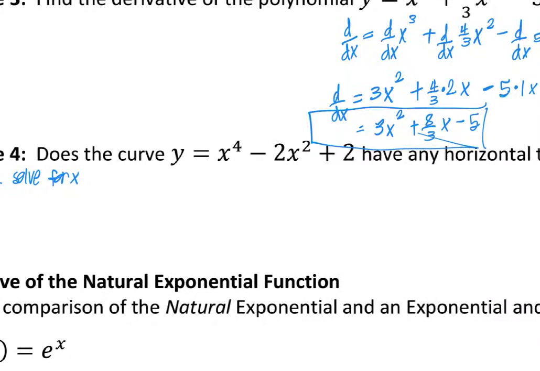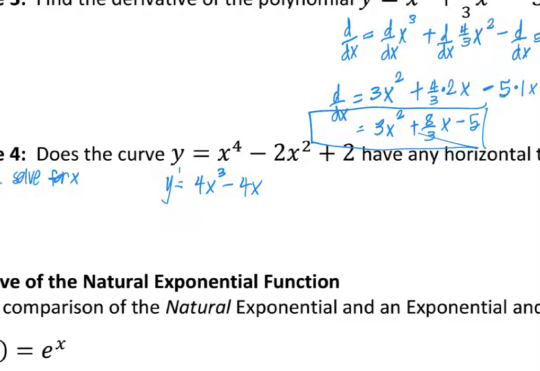So, y prime, 4x, 4 minus 1 is 3. I'm going to keep the 2 out front, but then I have to bring a power of 2 in the front, so that's going to be 4, and x to the power of the 2 minus 1 is just 1. And then the derivative of 2 is 0. I'm not going to even write that down.